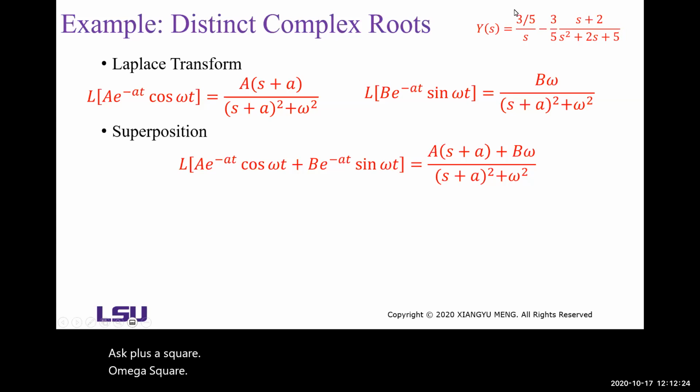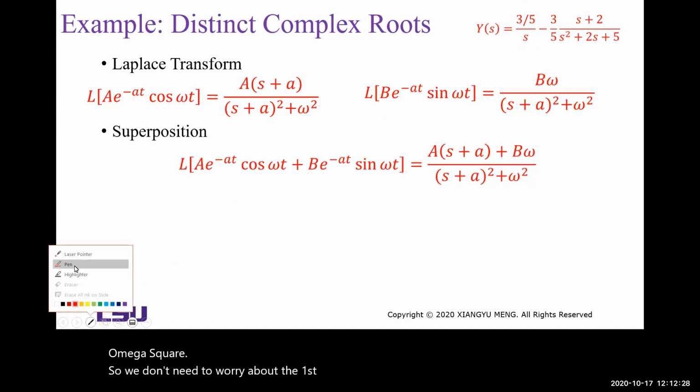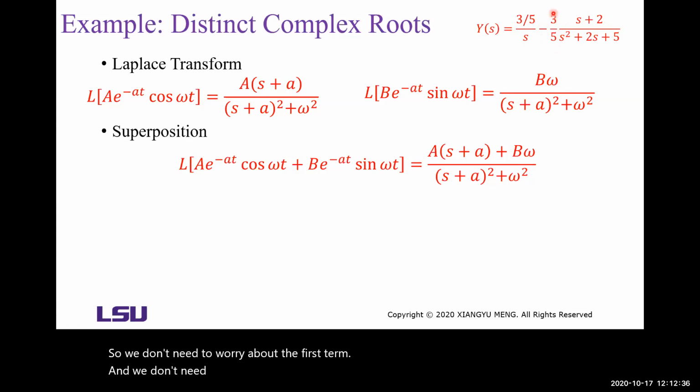So we don't need to worry about the first term. And we don't need to worry about the coefficient minus 3 over 5. So we can write this part in this form, then we can apply the inverse Laplace transform.